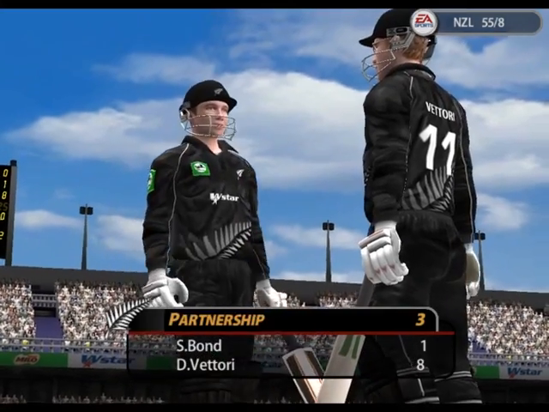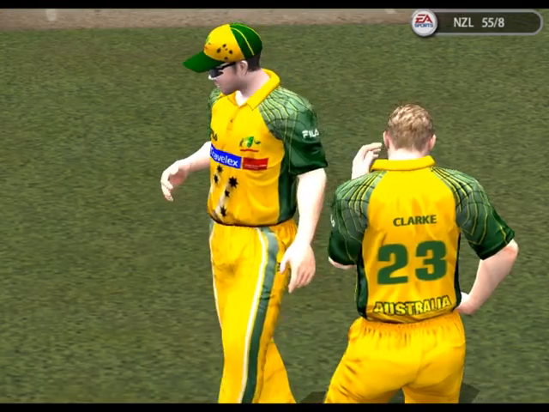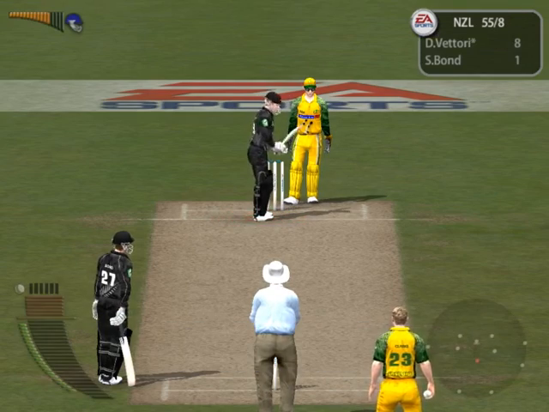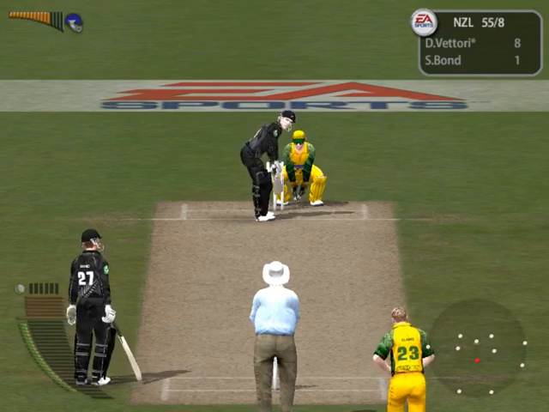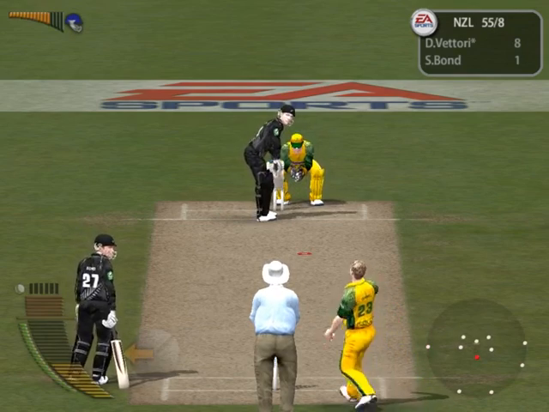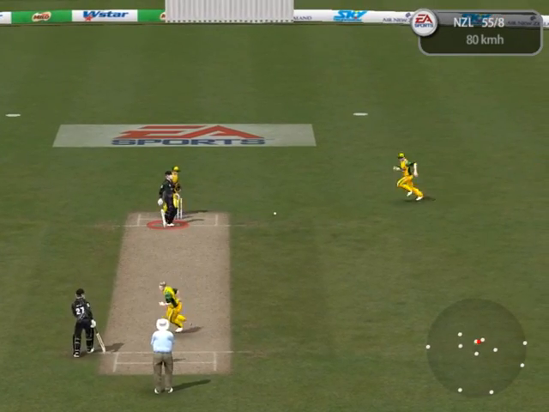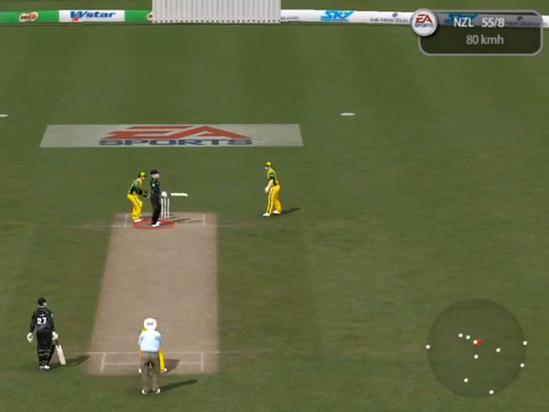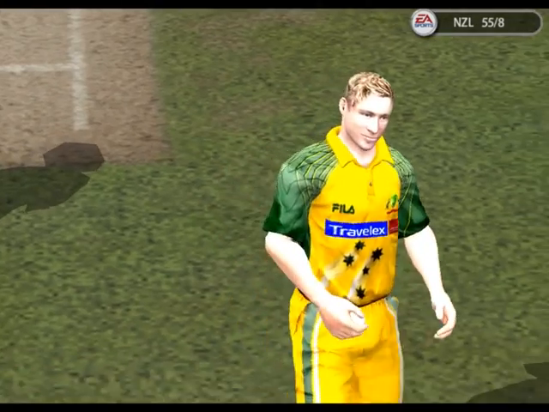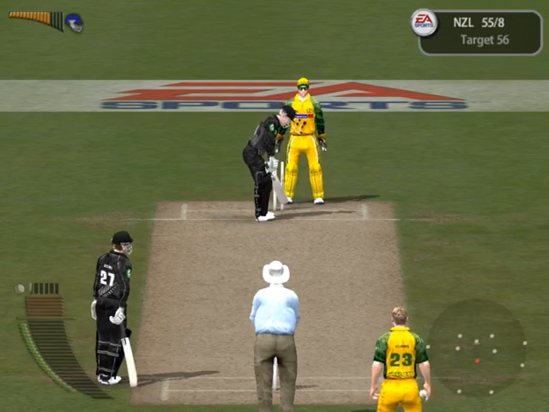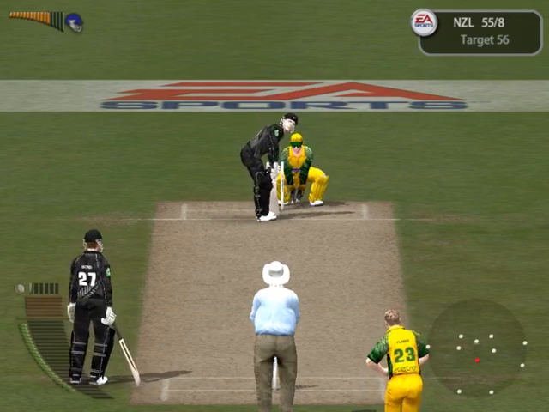Two overs are left in the innings. Vettori to face an over of spin. Vettori waiting at the striker's end.